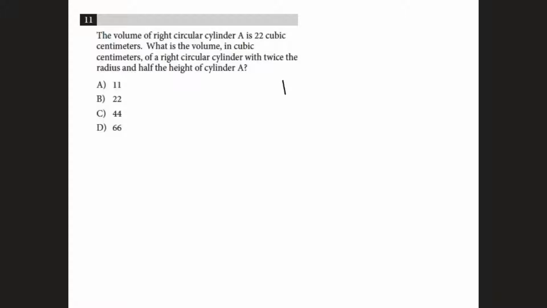The volume is going to be the area of the base, and it's a circular cylinder, so it's going to be pi r squared, and then times the height. Okay, that's going to be the volume. And we know that the volume for a particular cylinder is 22, with a specific radius and a specific height.